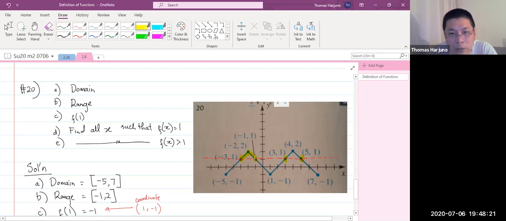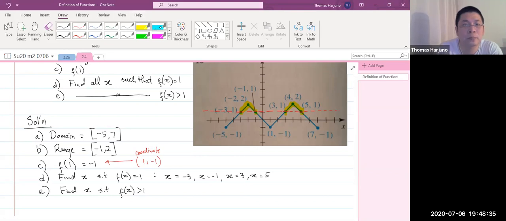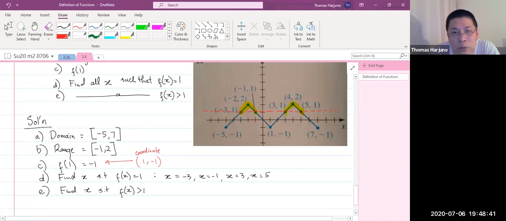So it refers to this part here. For the shaded part, what are the x's? It refers to from here to here, and then from here to here.